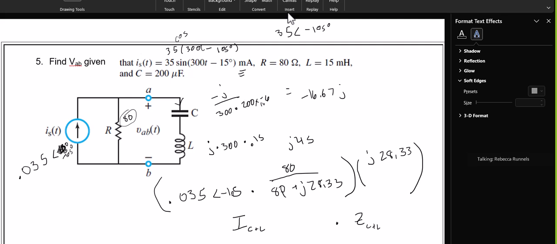Negative 105 times the fraction 80 over 80 plus J 28.33 times J 28.33.